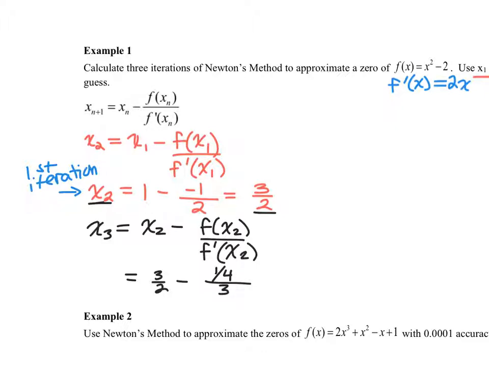All right, so that's 3 halves minus 1/12. So we're looking at 18 twelfths minus 1/12, so 17 twelfths. That's our second iteration.